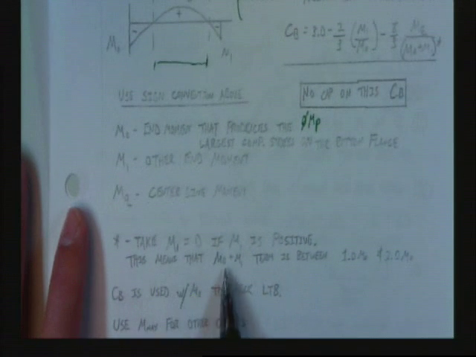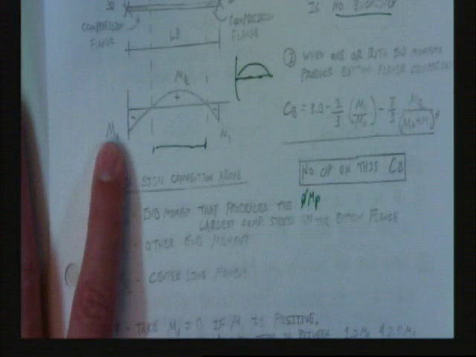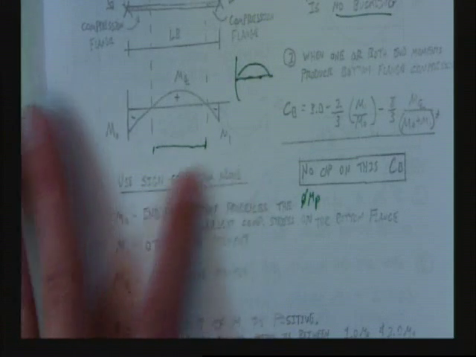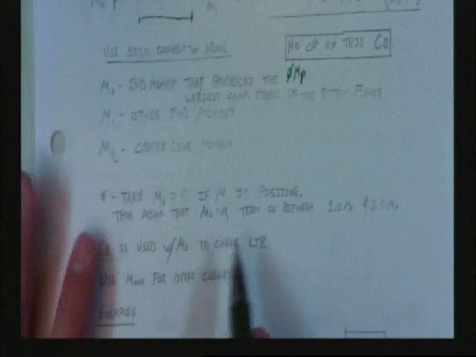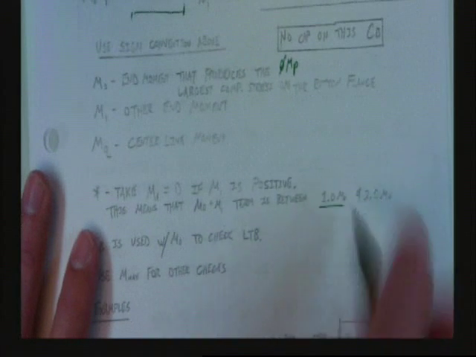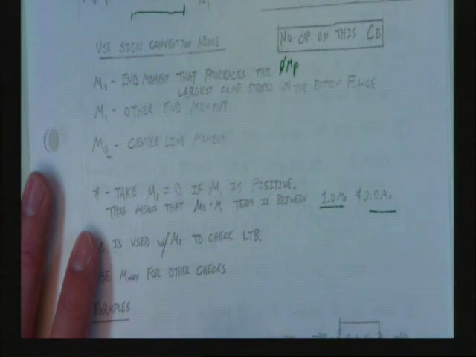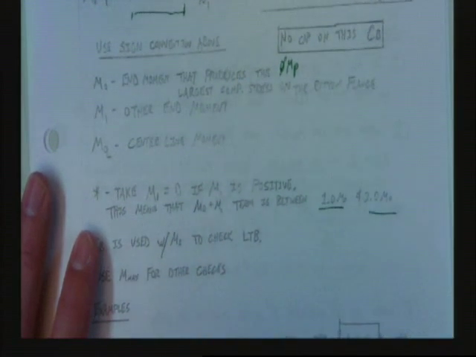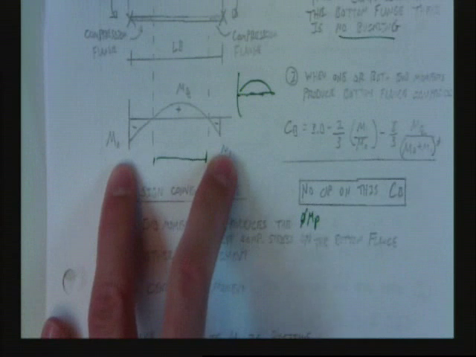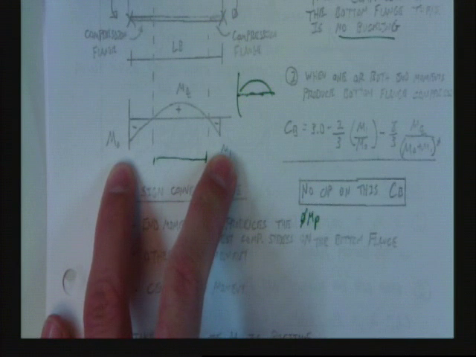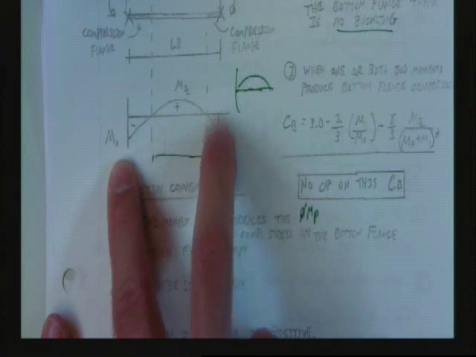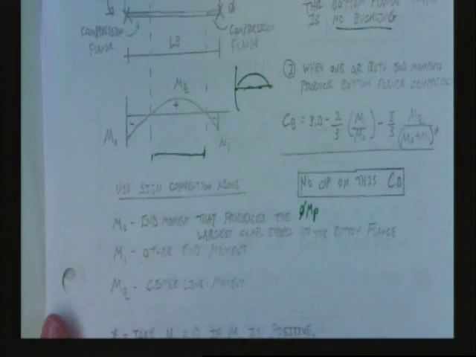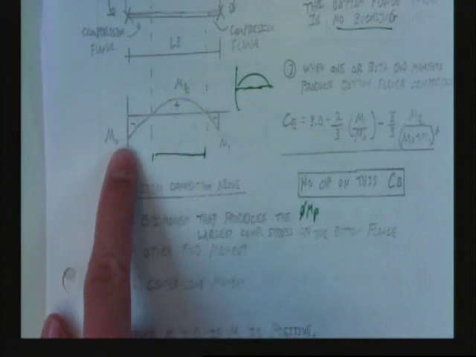This means that M naught, the left, plus the right, has to be between 1 M naught and 2 M naught. If they're both the same, then the sum would be 2 M naught, right? If this is lower, if it becomes positive, then we just use 1 M naught.